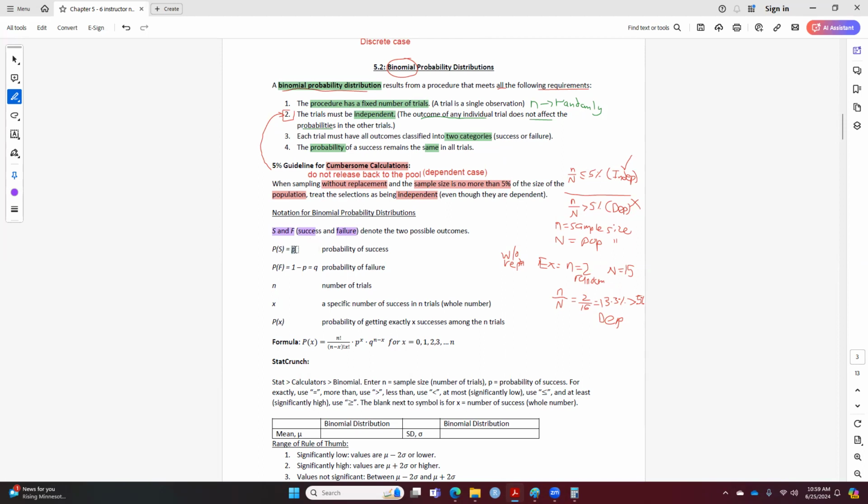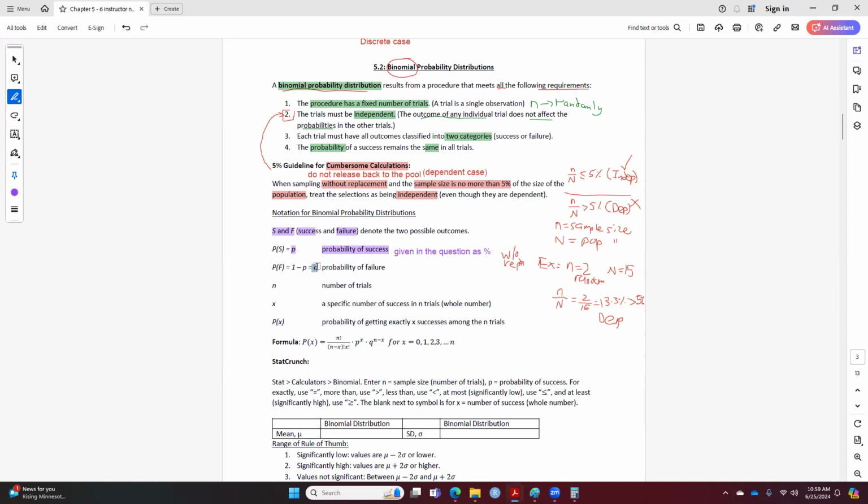The P is the symbol that we use for the probability of success. Usually this probability of success is given in the question as a percentage.